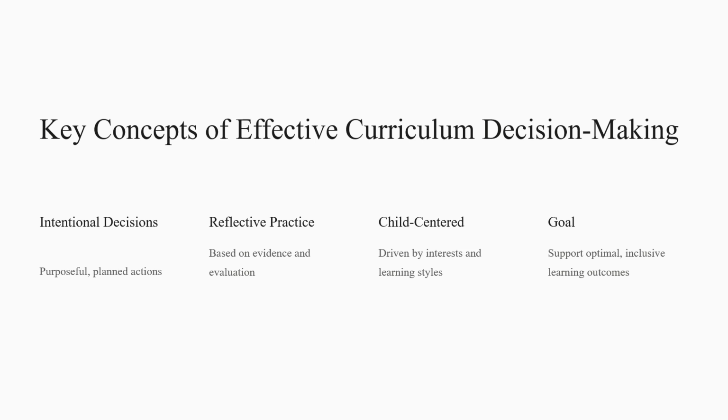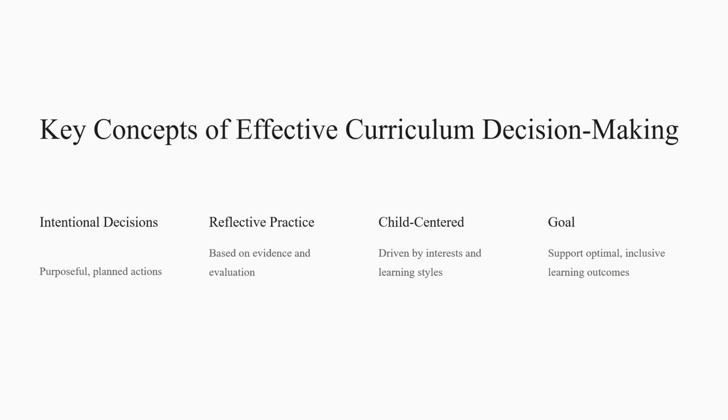If we move to slide 3, there are three key concepts of effective curriculum decision making. Effective curriculum decision making relies on three core concepts. The first one is intentional decisions. These are planned and purposeful actions aimed at supporting learning. The second one is reflective practice. We base decisions on observation, evidence, and evaluation.